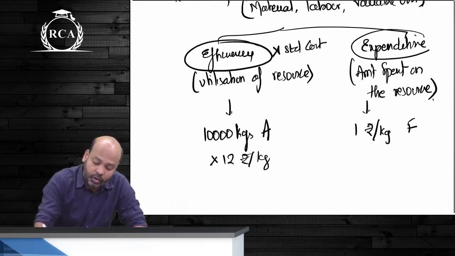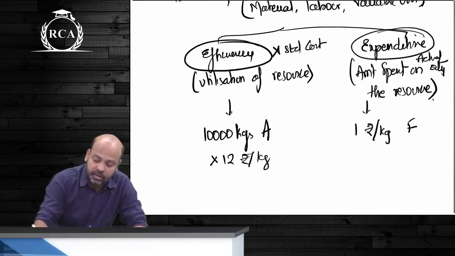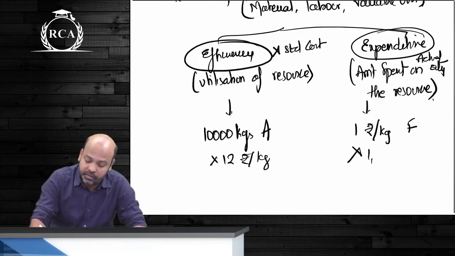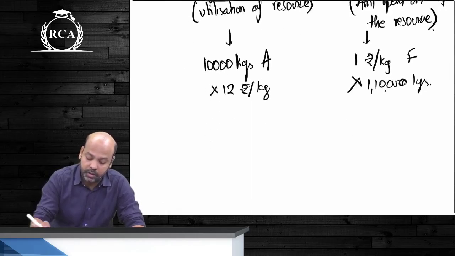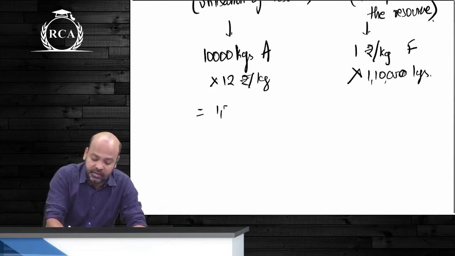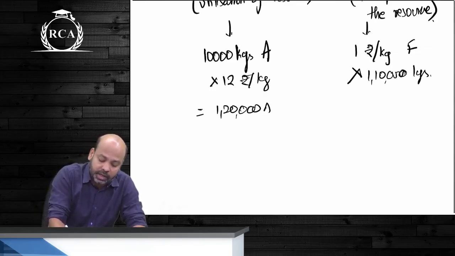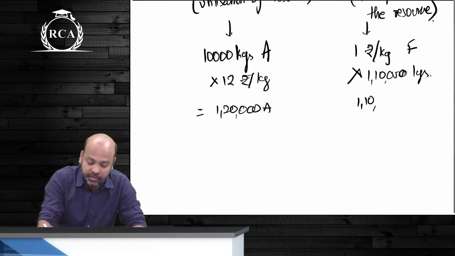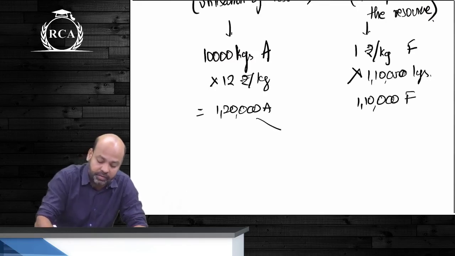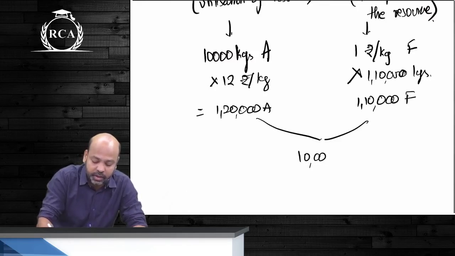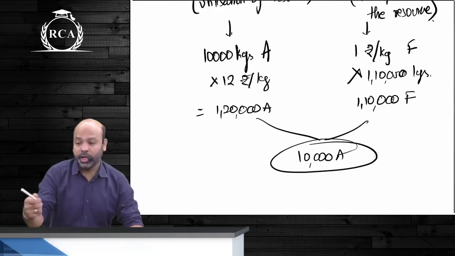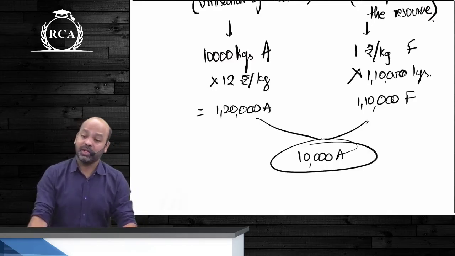Expenditure variance will always and always be for the actual quantities, which in our example is 1,10,000 kgs. So my efficiency variance here is 1,20,000 adverse. My expenditure variance is 1,10,000 favorable. Overall beta it is, we already knew that the overall variance is 10,000 adverse.